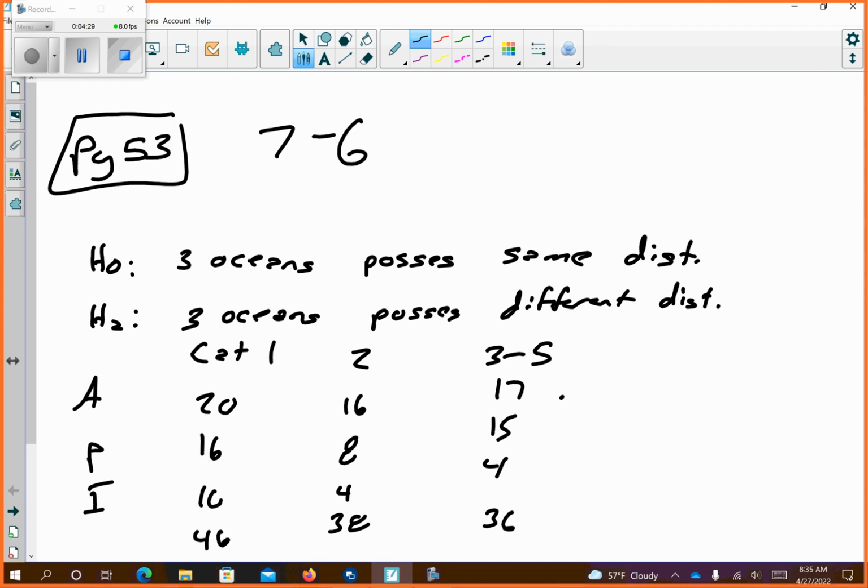And so the total here is 53, 39, 18, and 110 total. Yeah, so what they did is they put categories 3 through 5 into one category because those were the smaller, less frequently occurring categories.